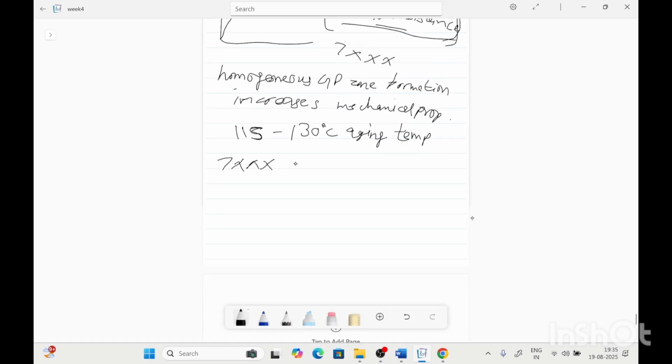First, the GP zone formation is allowed at the lower temperature. GP zones are formed at the low temperature, which is 115 to 130 degrees Celsius, and then to form the meta prime, we have to increase the temperature.